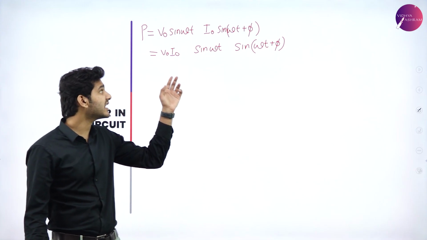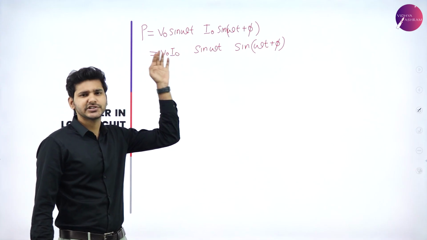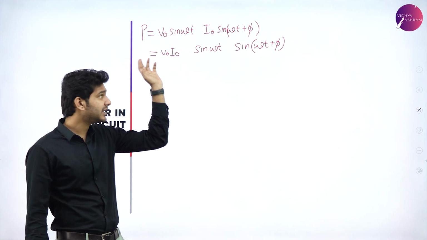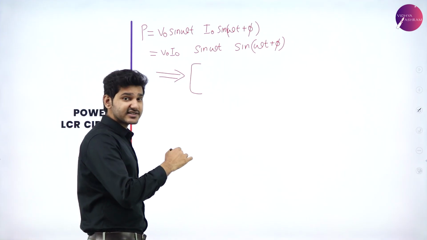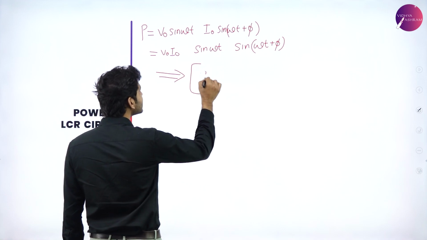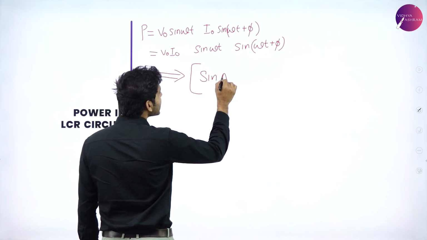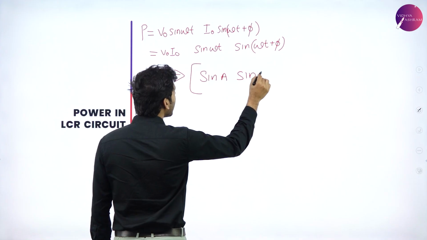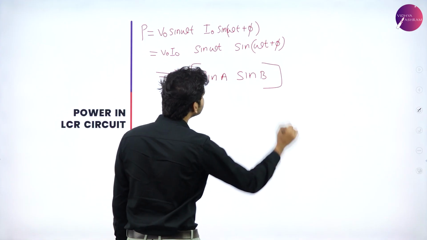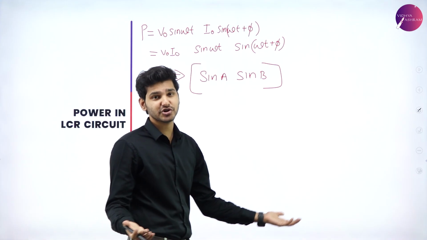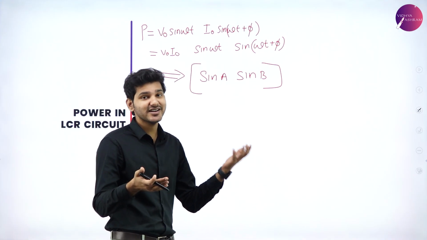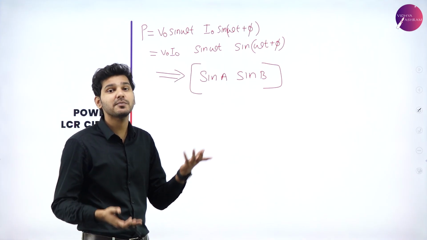Simply, you can see that there is some constant standing outside into sine A into sine B. So we are going to introduce trigonometry into this equation because I have no other choice to explain power to you.